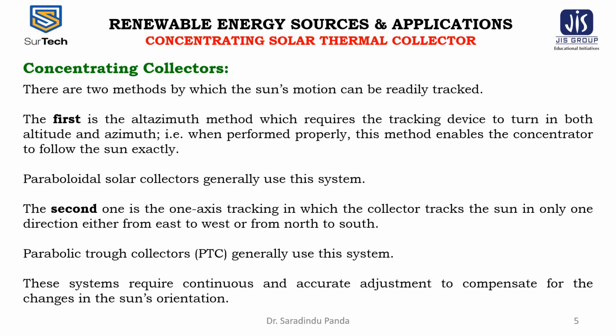Another is the one-axis tracking method, in which the collector tracks the sun in only one direction, either from east to west or from the north to south. The parabolic trough collectors (PTC) are generally used in this system. These systems require the continuous and accurate adjustment to compensate for the changes in the sun's orientation.